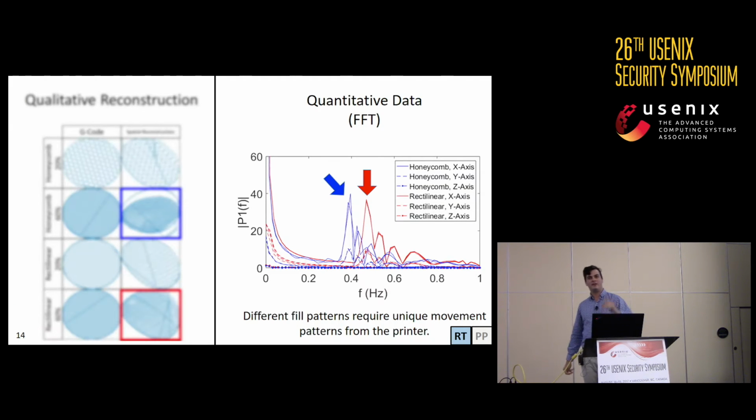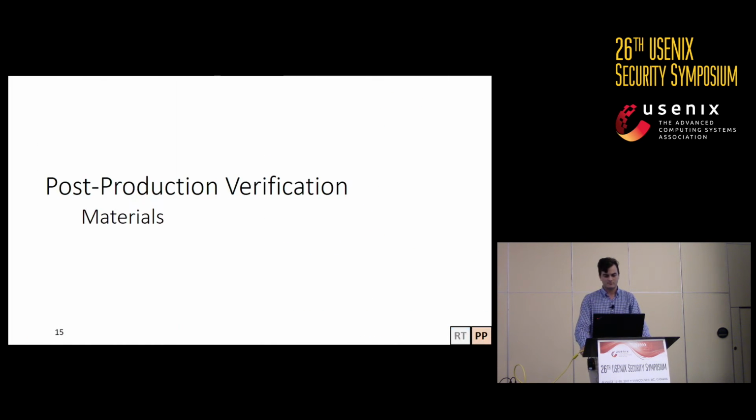So we take those boxes highlighted in blue and red, and we take the frequency response of the X, Y, and Z coordinates, and we see that each fill pattern is, as we might expect, going to have its own frequency profile. So we can tell the difference between those high-density print patterns.